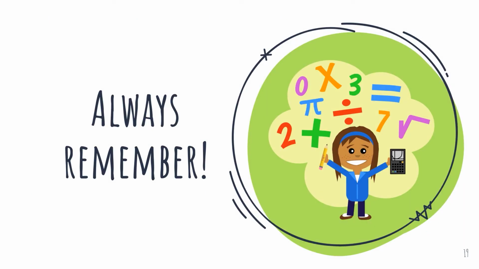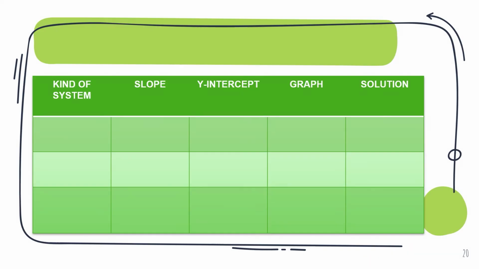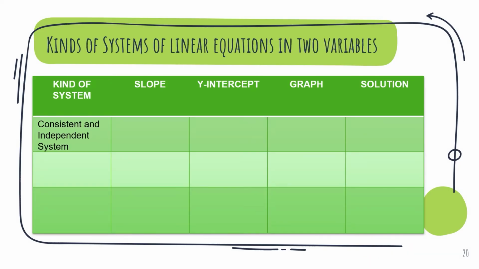Here are the things to remember for you to easily categorize when a given system of linear equations in two variables has graphs that are parallel, intersecting, and coinciding. For consistent and independent system, slope has different value. Y-intercept can be the same or different. The graph is intersecting and solution is only one.